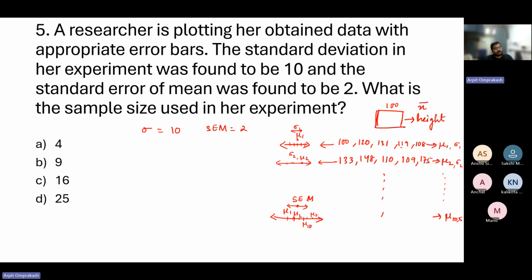Standard error of means basically tells us how spread out the value of the mean that we get from a particular sample is. The formula for standard error of mean might be slightly confusing, but we can calculate it for a single set of observations, without having to make all these 10 different observations.